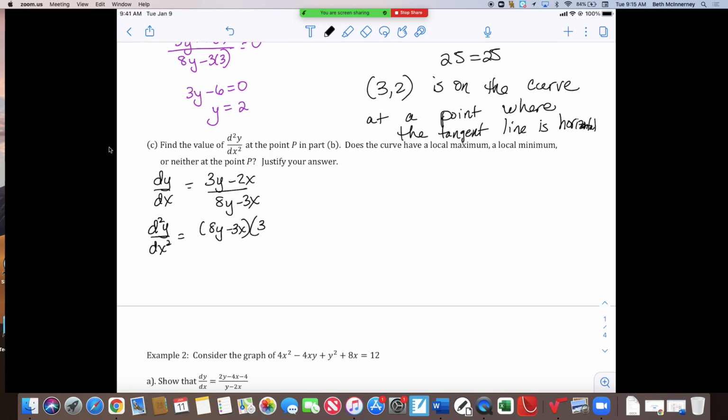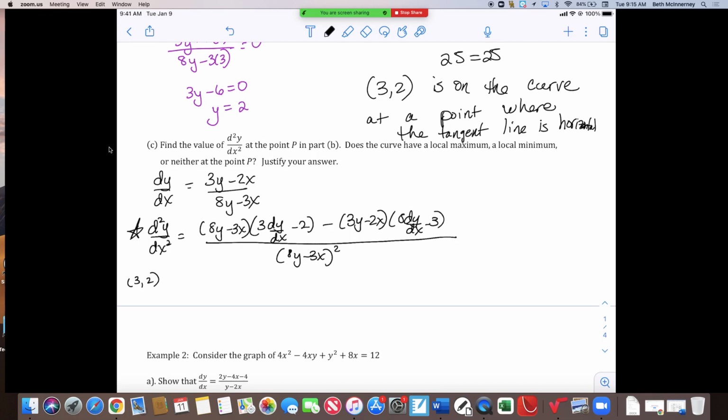So that's (3 dy/dx - 2) minus high d low, so that's (8 dy/dx - 3), all over low low. So you would get 1 point for just that step. And then we're going to plug in (3, 2).